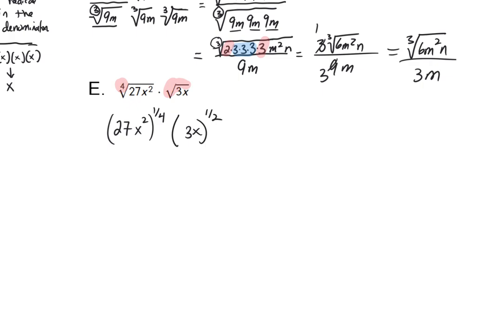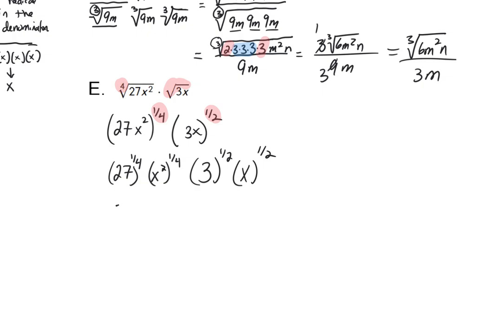I'm going to distribute this: 27 to the 1/4, x squared to the 1/4, 3 to the 1/2, x to the 1/2. So I distributed those powers on each term.